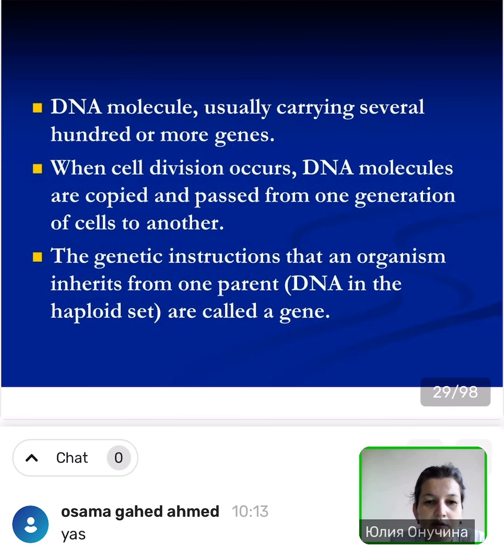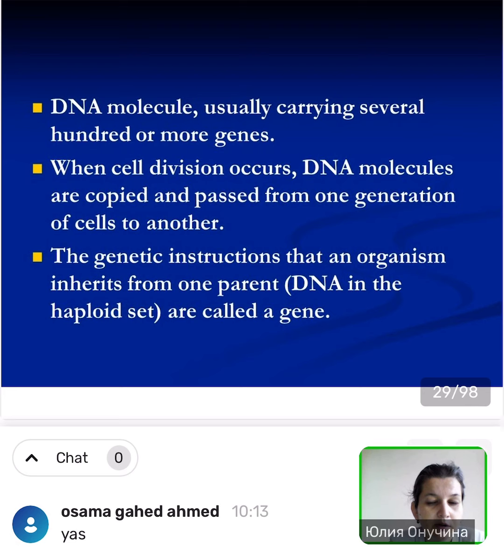A DNA molecule usually carries several hundred or more genes, but not all of them are active in each cell of a multicellular organism. In one cell one group of genes works, in another cell will be other genes.